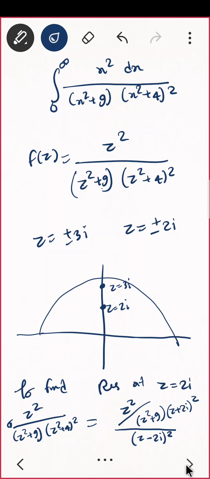You may do this next part as homework, and for verification I'll just tell you the answer. The answer is pi upon 200.